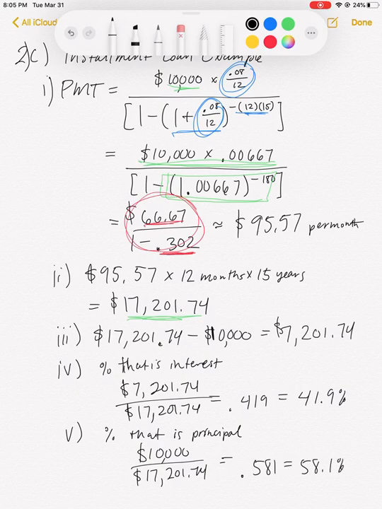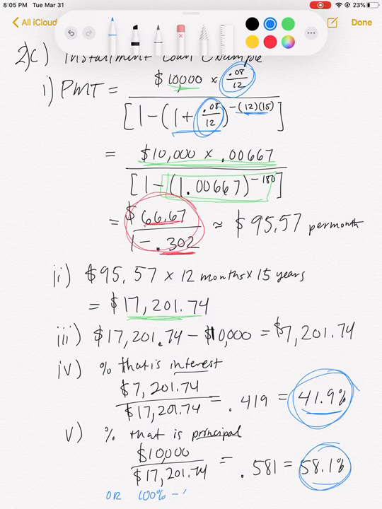Now the total payment actually consists of the interest and the principal together. So if you calculate the interest as a percent, then you can just take the 100%, subtract off the interest percent, and get the principal percent, or vice versa. So another option is you can do 100%, subtract off the 41.9%, and get 58.1% as well.